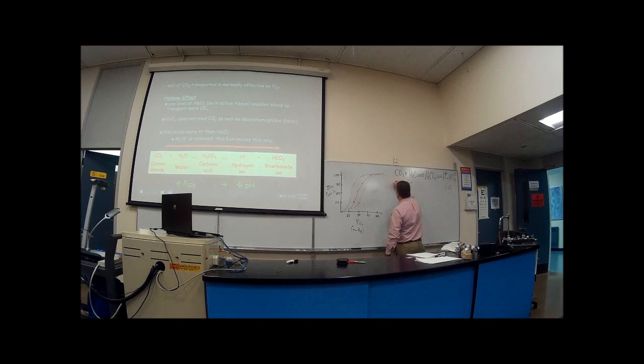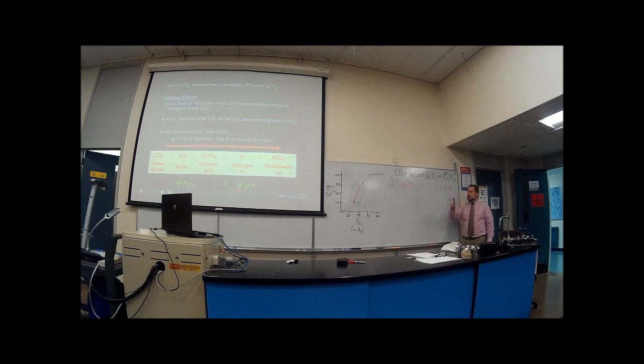Normally you could blow this off, but for some reason, you can't. If you're making too much of it, you can't blow it off that fast. Then which way does the reaction want to go? That way, right? If it goes this way, are you making more hydrogens or less?